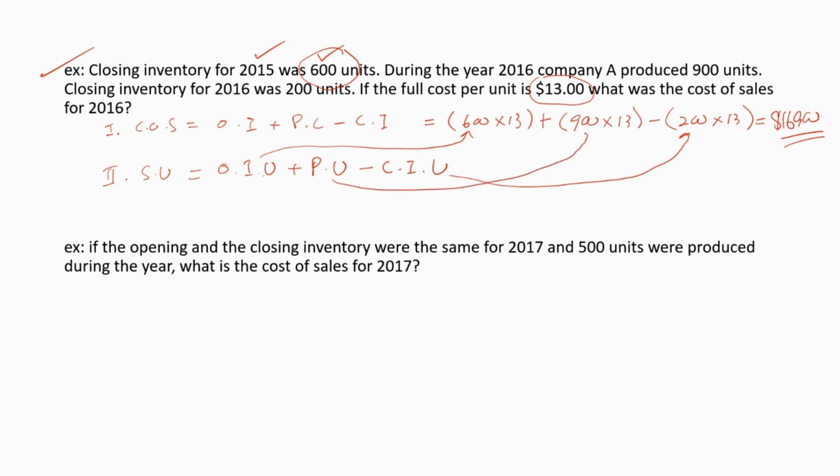So the sales units is equal to 1300 units. Using this units value, now we can calculate the cost of sales, which is equal to 1300 multiplied by 13, which is equal to 16,900.